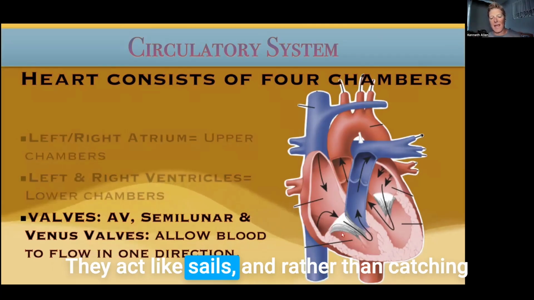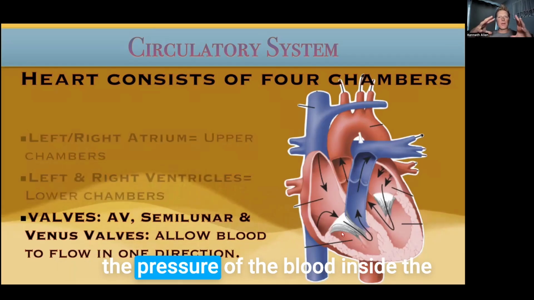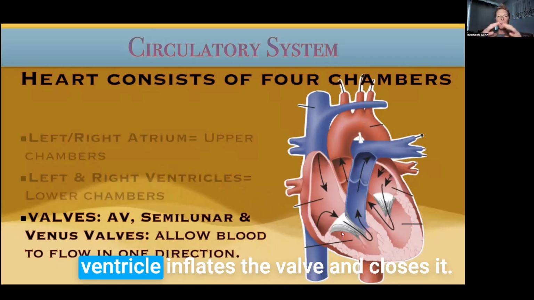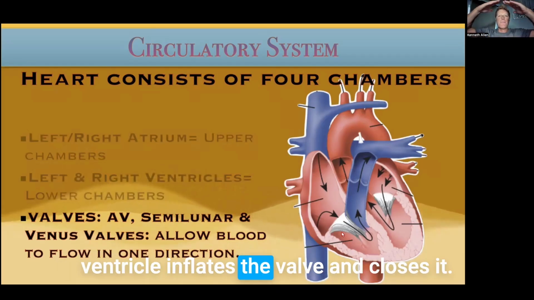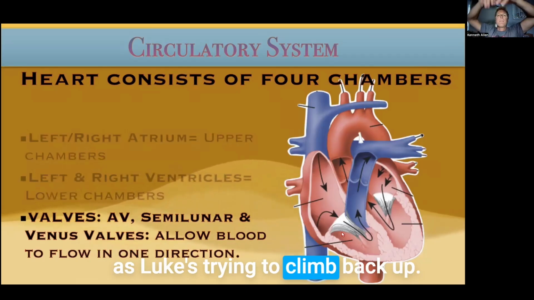They act like sails, and rather than catching wind to inflate, when the ventricle contracts, the pressure of the blood inside the ventricle inflates the valve and closes it, like the valve in Cloud City that closes as Luke's trying to climb back up.